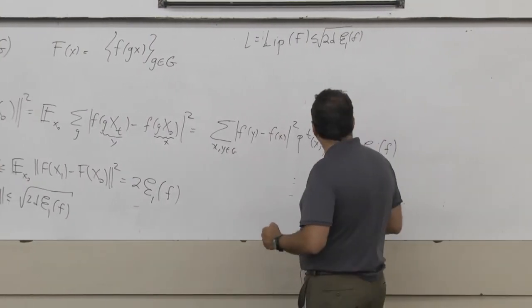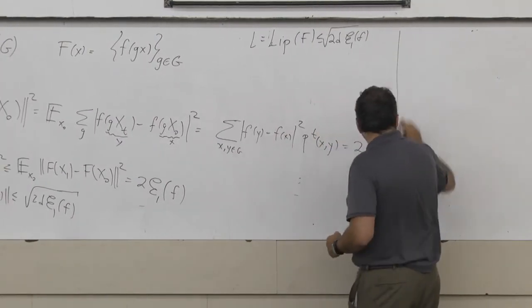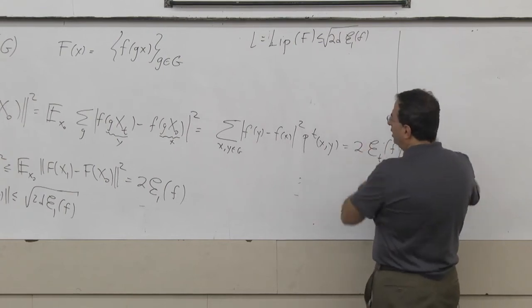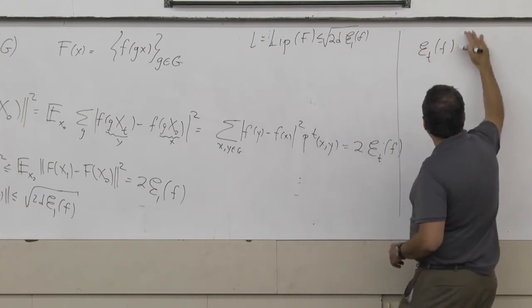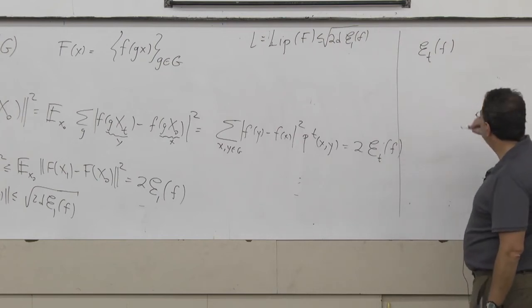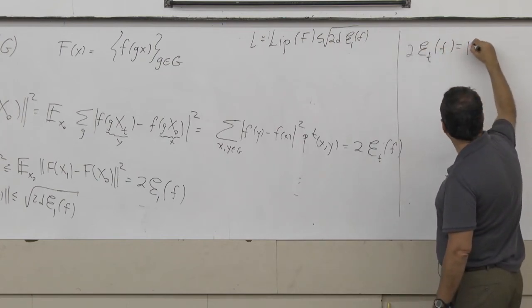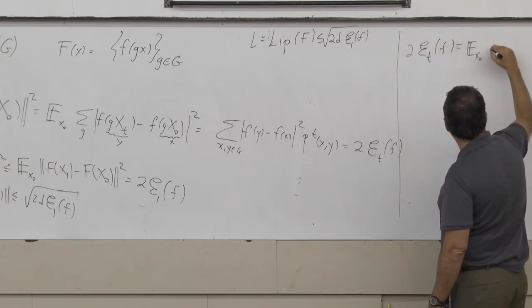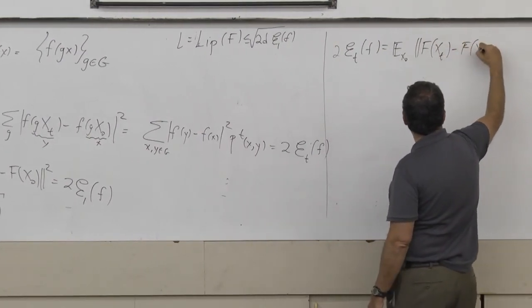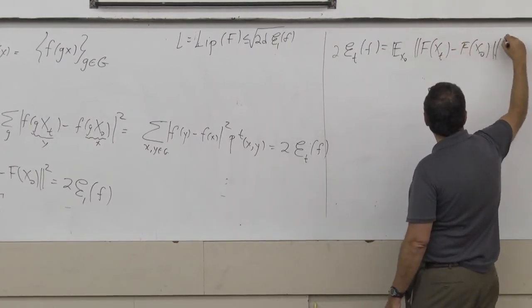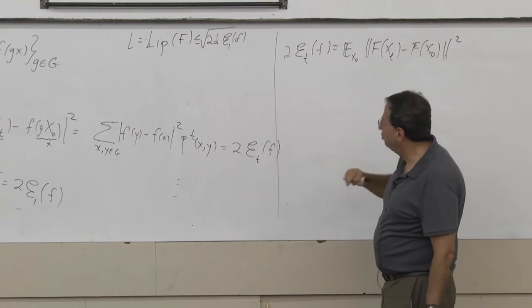So now we're going to use that. So let's take this calculation. I write it again: twice Et of f is equal to the expectation of norm fxt minus fx0 squared. So I just rewrote what we proved before.